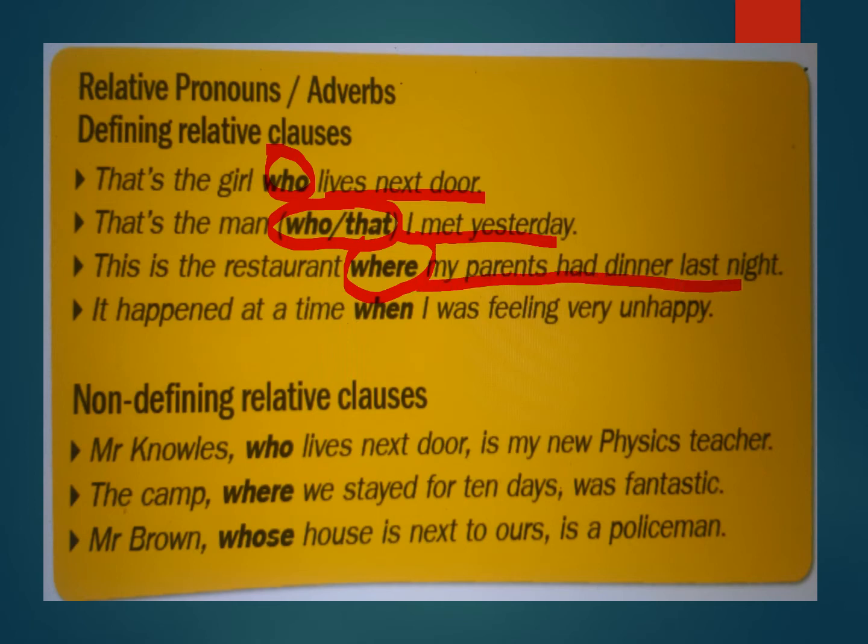Okay. It happened at a time when I was feeling very unhappy. Who can tell me what's the relative pronoun? Hosam? When. Very good. This is the relative pronoun. And what's the relative clause? Bashar, could you tell me the relative clause? Okay, concentrate. Ali Murshid?